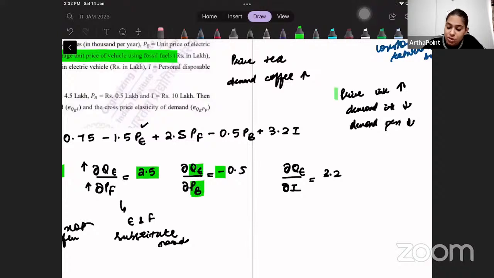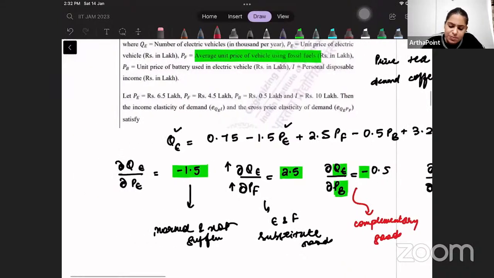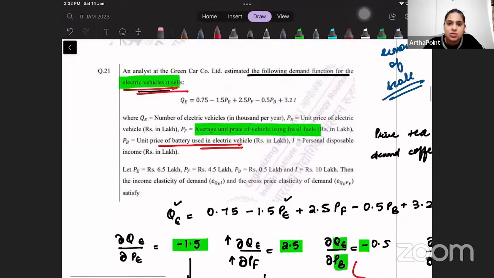So the relationship between this and this is coming negative when they are complementary goods. That means here, if the cross price elasticity or cross price effect is negative, they must be complementary goods. So I've got that E and B are complementary goods. What is B? B is the unit price of battery. Of course, battery and electric vehicles have to be complementary to each other.